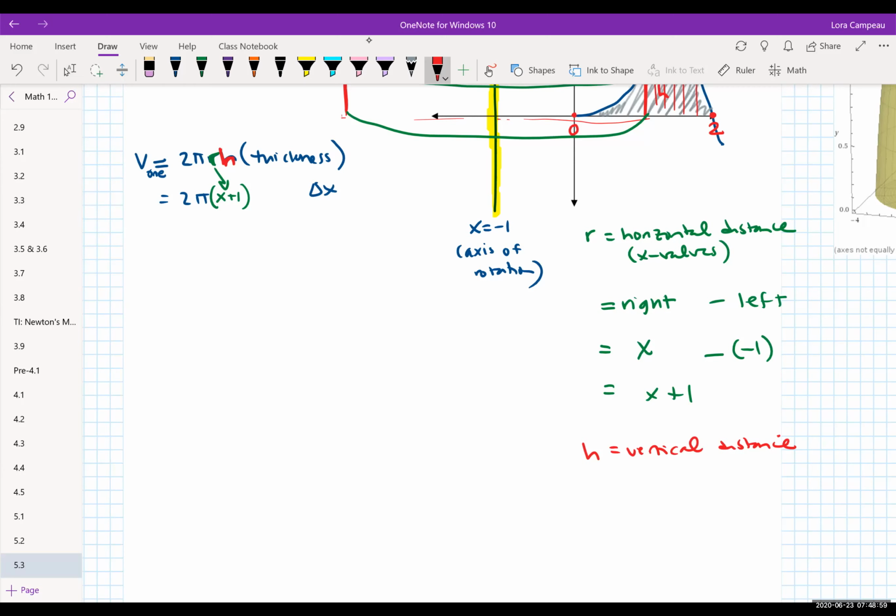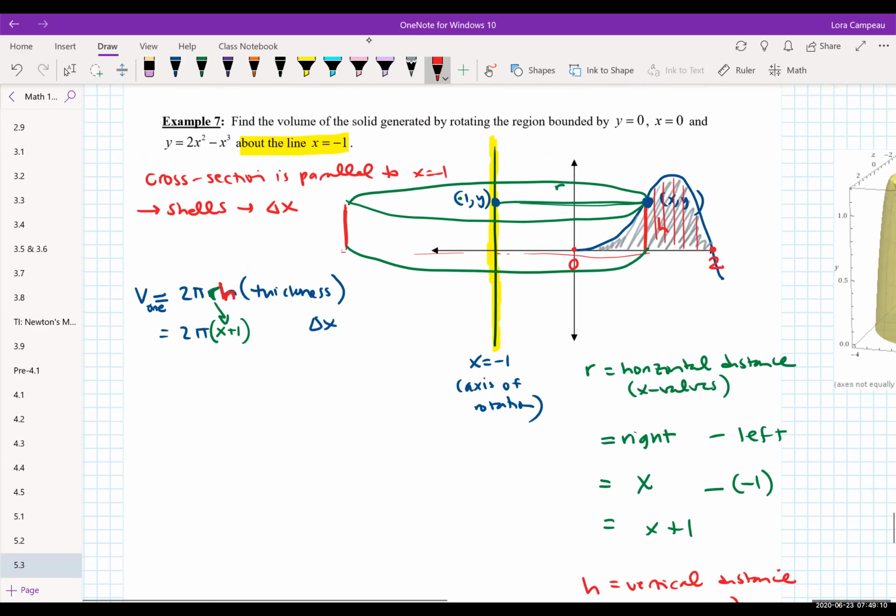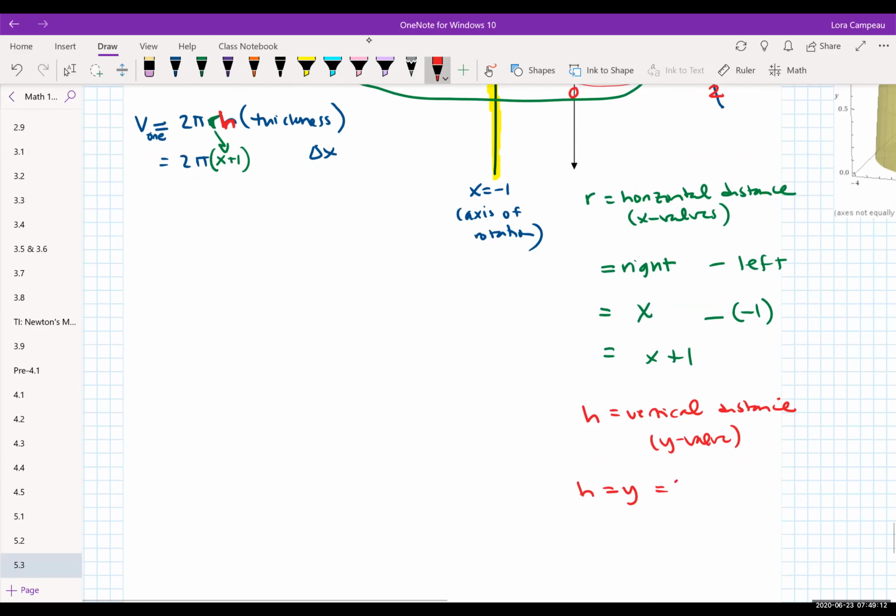We already knew that, but then we look at which curve we're related to. The height is y, and the y value is 2x squared minus x cubed. So 2x squared minus x cubed. We now have everything in terms of x.